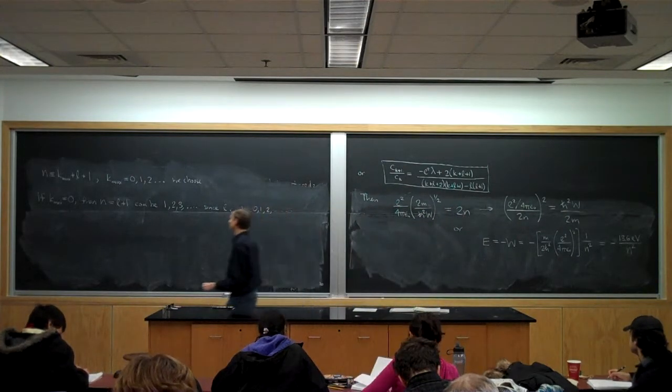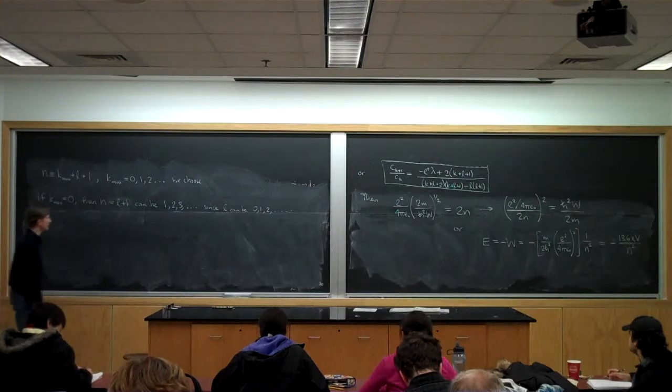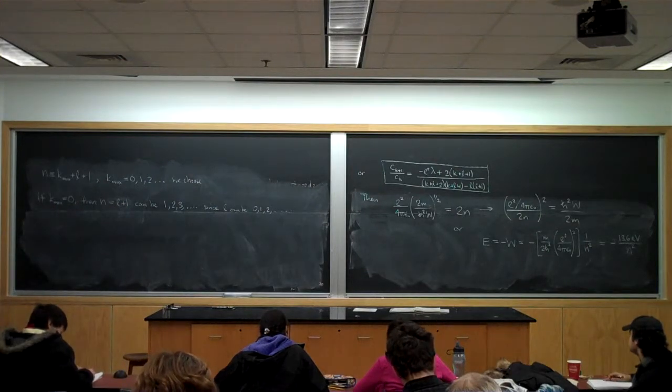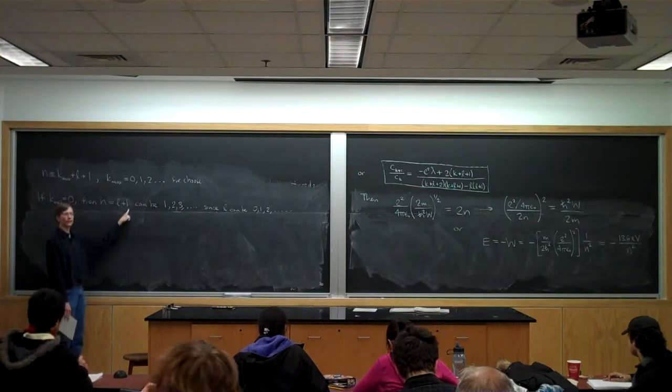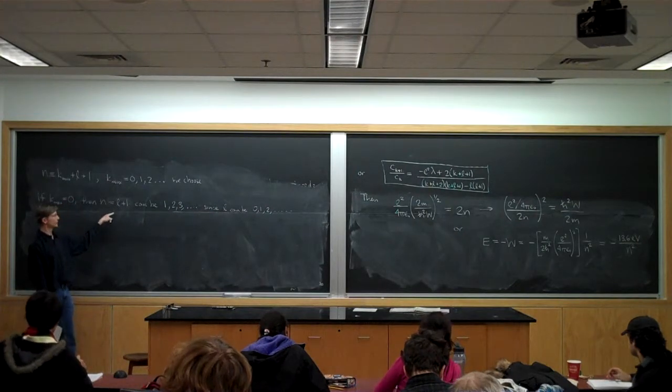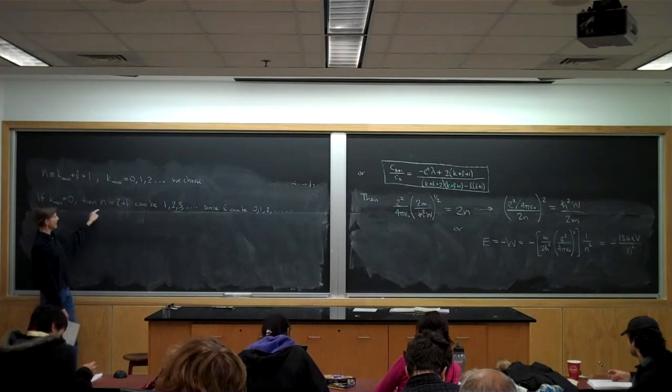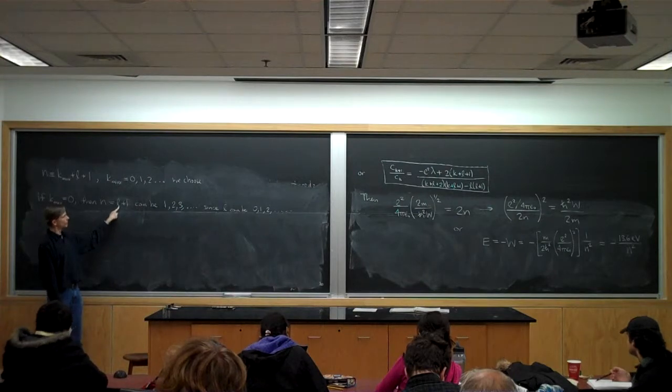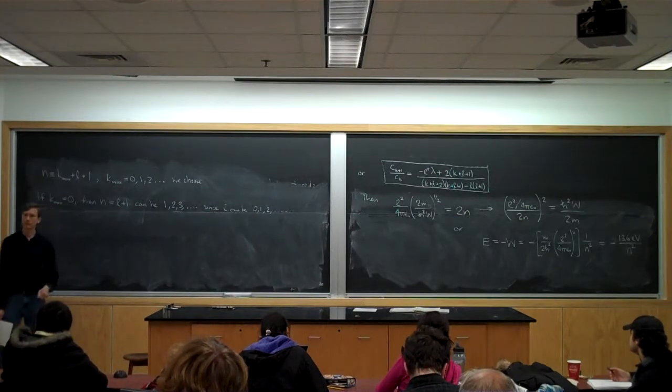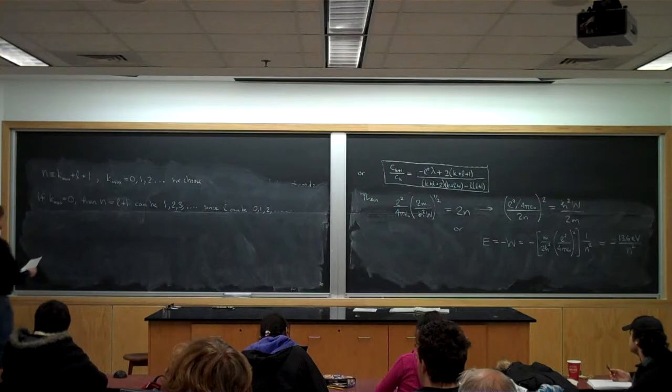If k max is 0, then the allowed values of n that could go with that are 1, 2, 3, and so forth, because n in every case is L plus 1, and L can be 0 or 1 or 2, in which case n can be 0 plus 1, 1 plus 1, 2 plus 1: 1, 2, 3, 4, 5, 6, 7, and so forth.